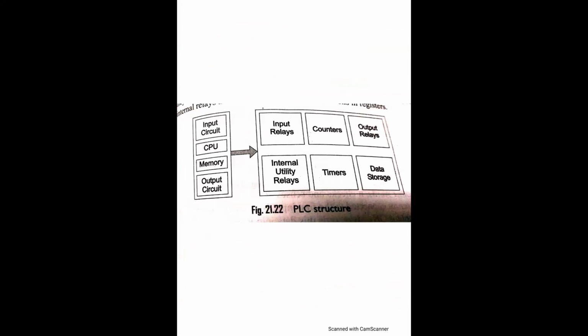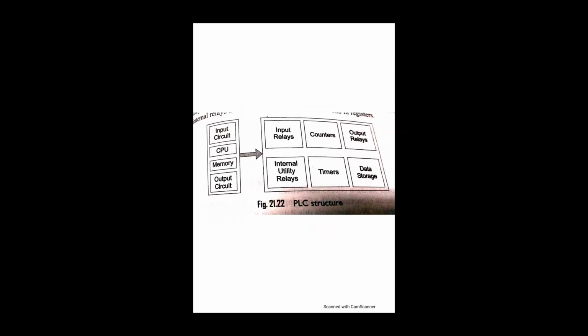So you can see the structure of the PLC here. It consists of a CPU, memory areas, and receives input and output data. A PLC is considered a box full of hundreds and thousands of separate relays, counters, timers and data storage locations.